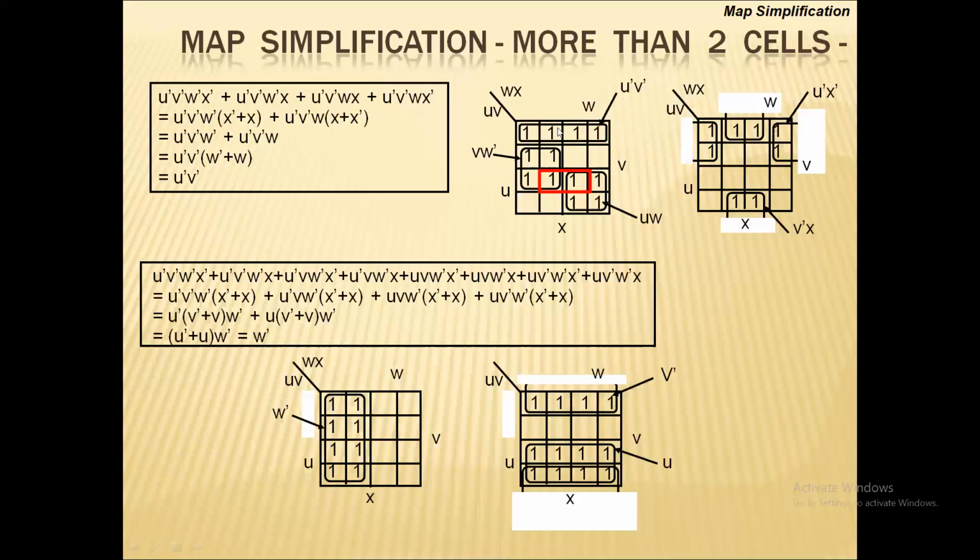In that condition, you should pair. Otherwise, you should make the pairing unique. So suppose this is a quad here, this is another quad here, this is another quad here. No one is left out, so definitely there is no need of pairing it again.